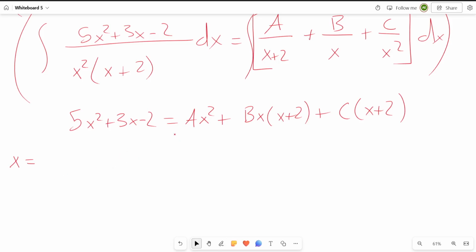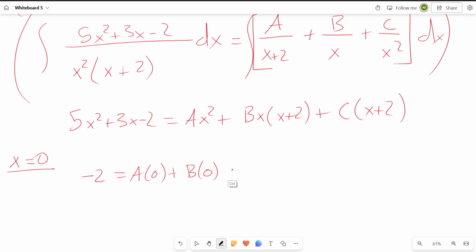So as usual, we will substitute. I can see that if I substitute x with 0, this is going to cancel, this is going to cancel, and I can find c. So let's do that. X is 0. This is going to be 0, this is going to be 0. So I will only be left with minus 2 on the left side equal a times 0 plus b times 0 times 0 plus 2, so it's equal to b times 0 times 2.